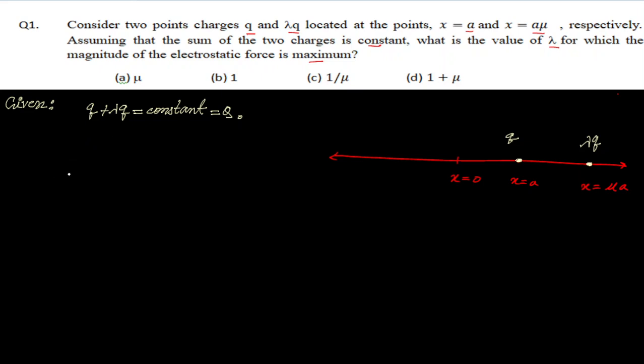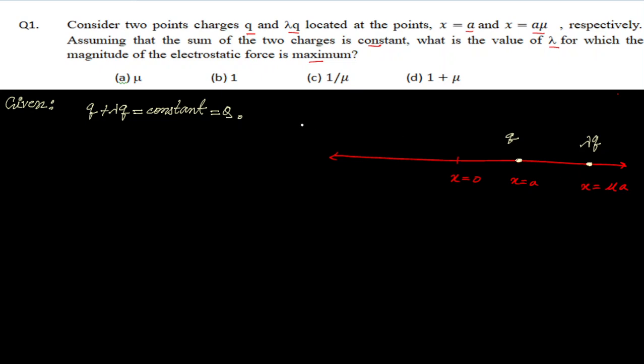This is condition 1. Then we have to calculate the value of lambda for which the force between these two charges is maximum when their positions are fixed at x equals a and x equals mu a.